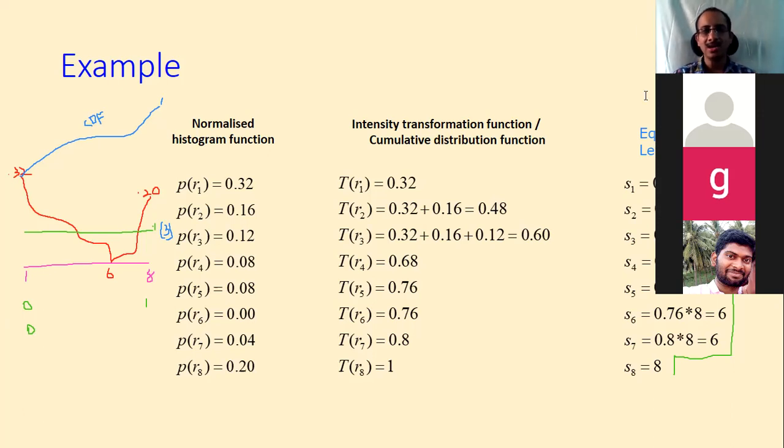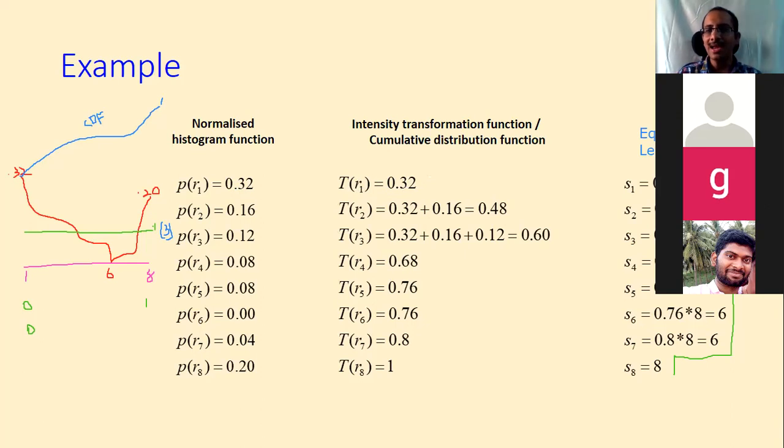Even here, 0.32 is the cumulative distribution function value at R1, say intensity 1. But where should I put the equalized gray level? I can decide by multiplying with the maximum gray level.